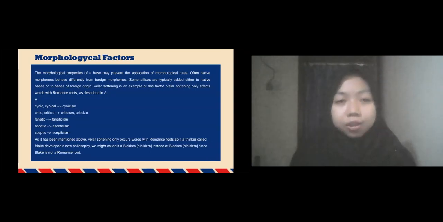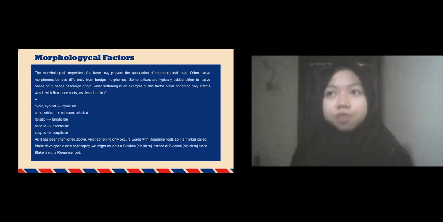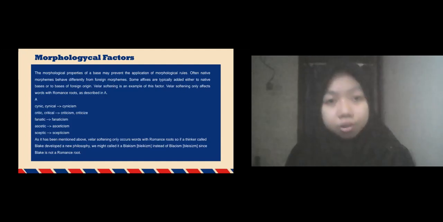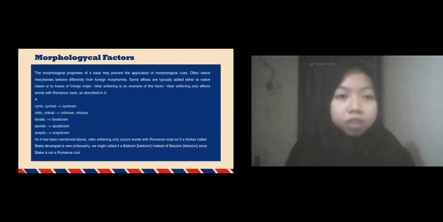Okay, next we go to the morphological factor. This is the first factor that causes blocking. The morphological properties of a base might prevent the application of morphological rules. Native morphemes behave differently from foreign morphemes.